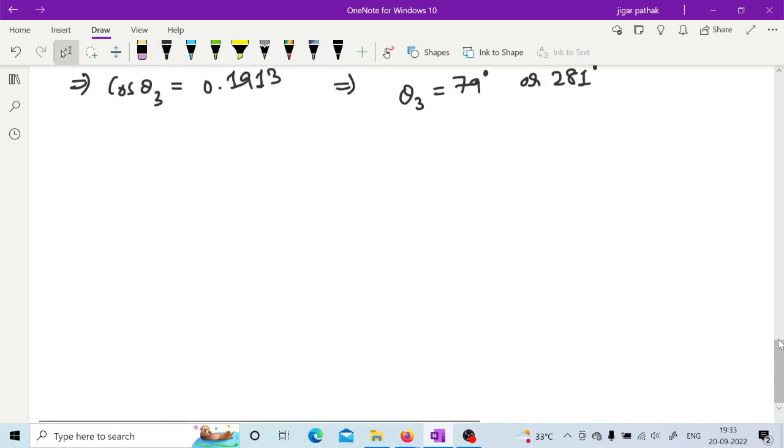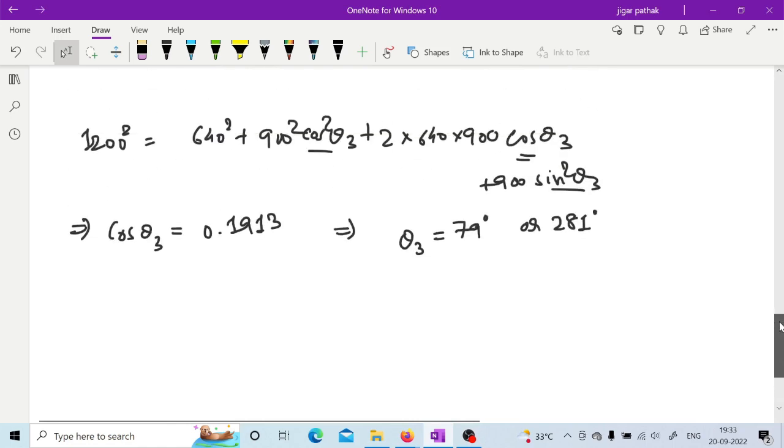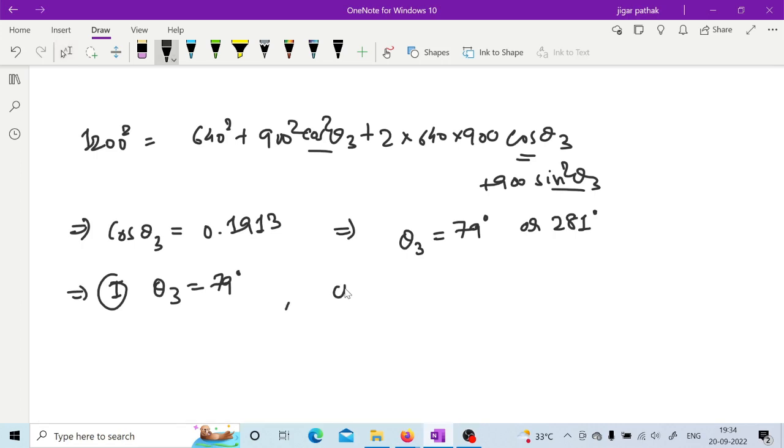So once you get this theta 3, then you have to take both the cases. First case will be theta 3 with 79 degrees. If you proceed further, then you will end up with theta 2 equals 227.4.